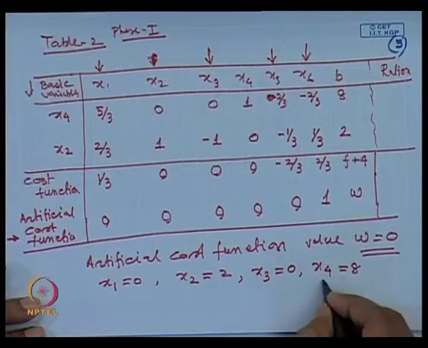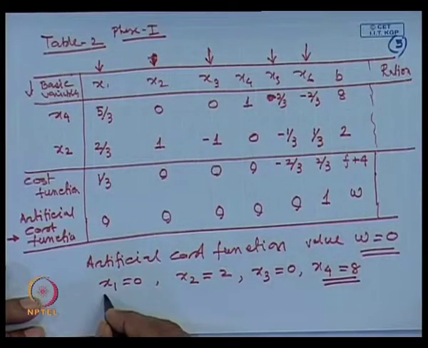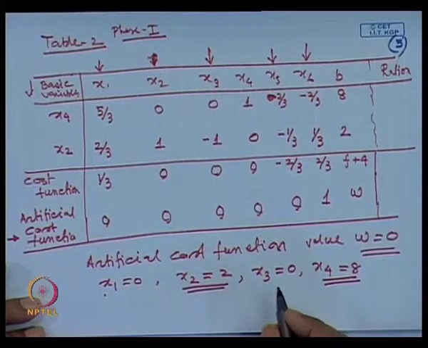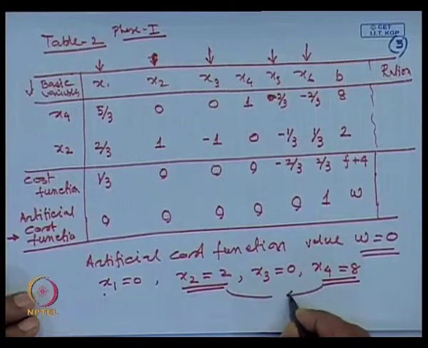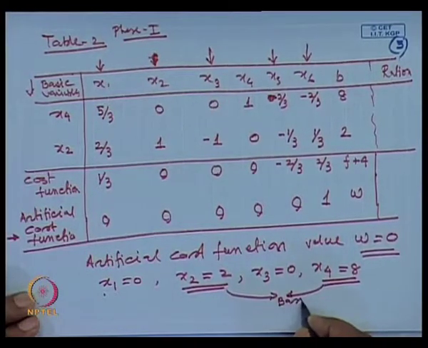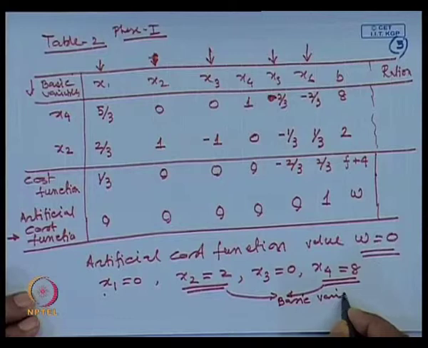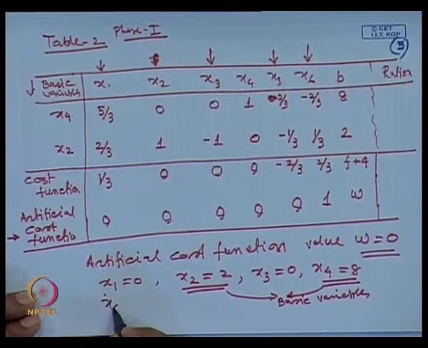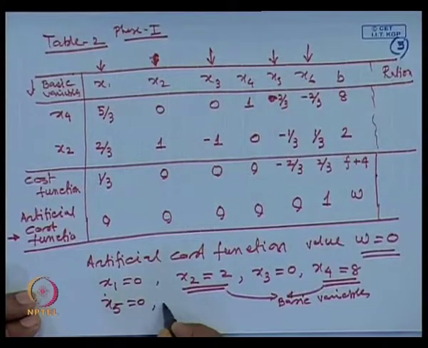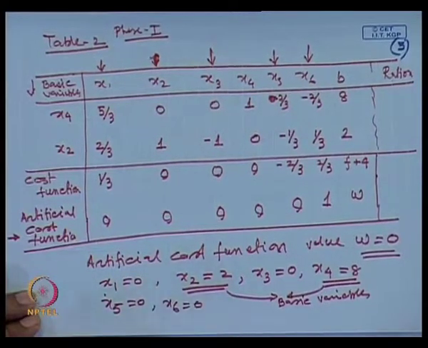So these are the basic variable values. And x1, x3, x5, x6 are 0.